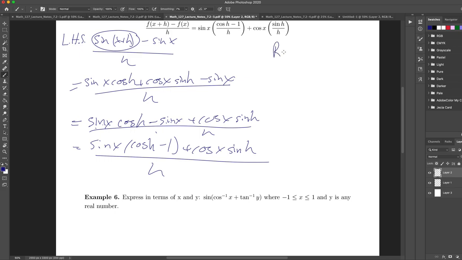So here I'll have sine of x times cosine h minus 1 over h. Notice that this equals that because I can split the fraction here. Plus cosine x sine of h over h. And this is equal to the right-hand side. So we're done.